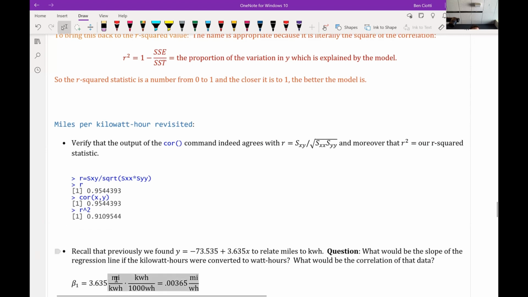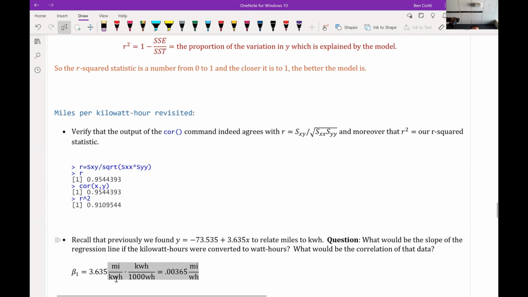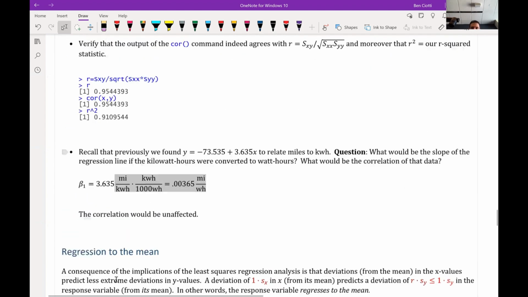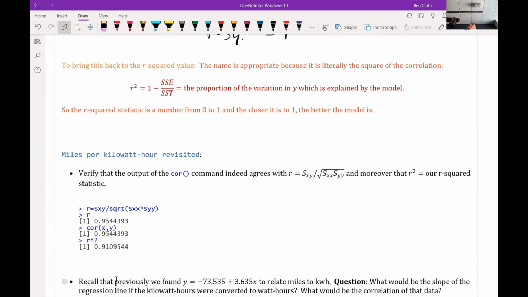Let's see. Should we do a unit question? So suppose we converted our kilowatt hours to watt hours in that miles per kilowatt hour example.